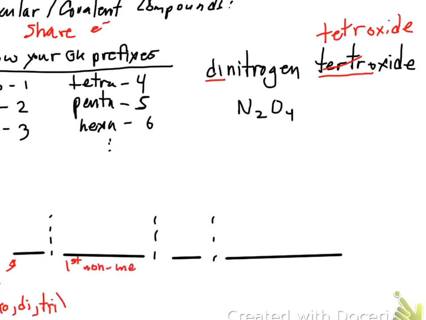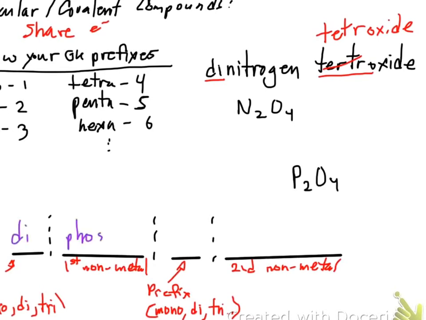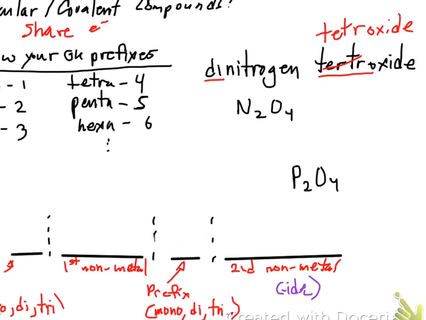Then you would have your first nonmetal, and then your second prefix, and then your second nonmetal. So for P2O4, this would be diphosphorus tetroxide. And notice that I crossed off the a on that.